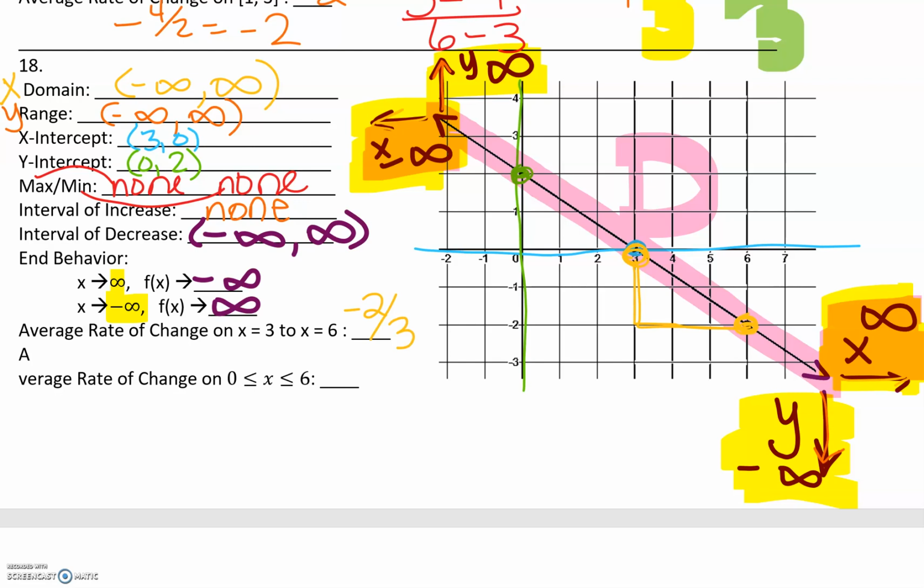All righty. And then my average rate of change from 0 to 6. So I'm going to do this one as the slope formula, that average rate of change formula. So I see that 0 is sitting up here at 2. 6 is sitting down here at negative 2. Again, x1, y1, x2, y2.